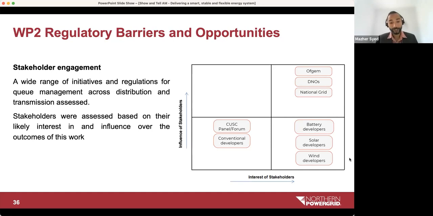We developed a questionnaire which was passed on to our stakeholders, and then we also arranged 30-minute interviews with each of these stakeholders to gather their feedback. We've had good sessions over the past couple of weeks, which is now directly feeding into our work in work package 3. If we go to the next slide, please.